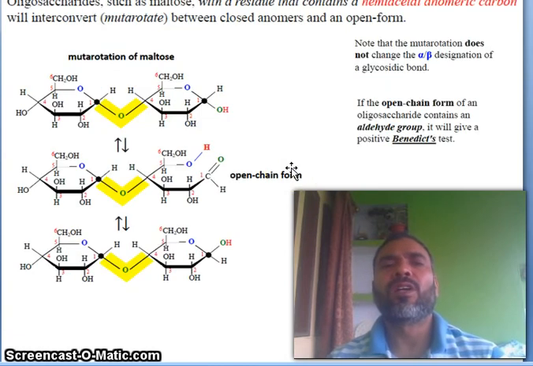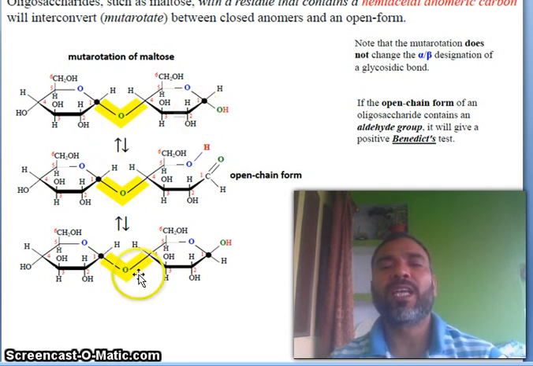So oligosaccharides such as maltose, with a residue that contains a hemiacetal anomeric carbon, will interconvert, mutarotate, between the closed anomers and the open form. You see, mutarotation of maltose happens on this carbon because that one is locked.